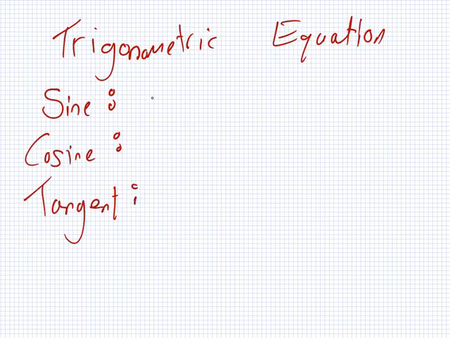So the second answer is 180 minus the first answer. And of course, if it was in radians, it'd be pi minus the first answer.